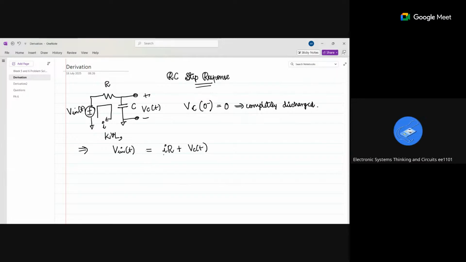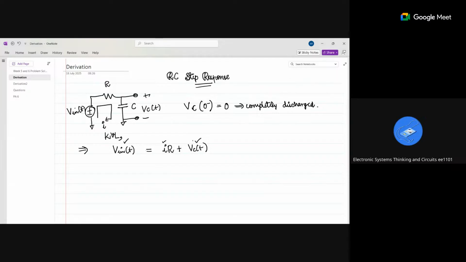Here we have to notice V in of t is a function of time, Vc of t is a function of time. What else is a function of time? Here, what are the parameters that are a function of time? The V input and the Vc. What about I?